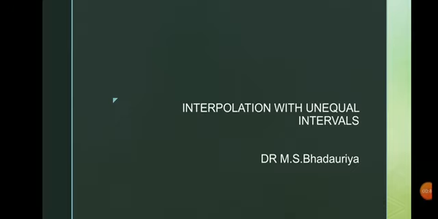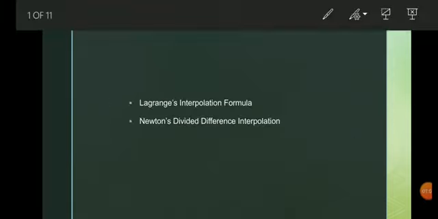So we should recall extrapolation. Extrapolation is the process of obtaining the value of y for a value of x outside the interval. Okay.